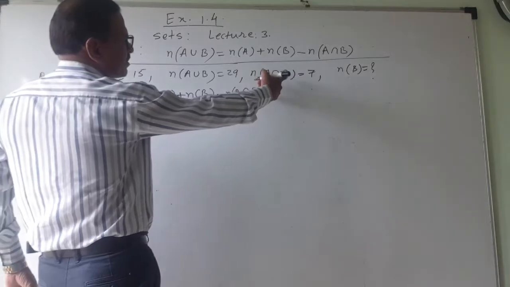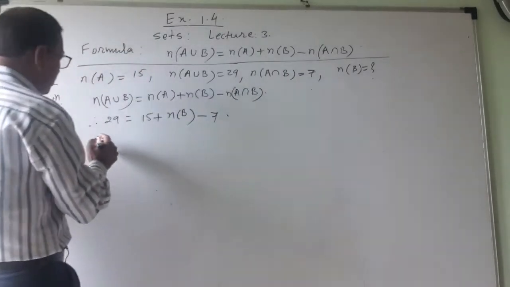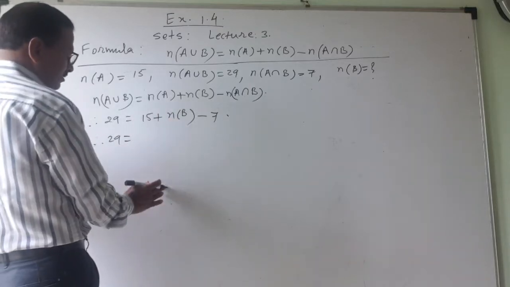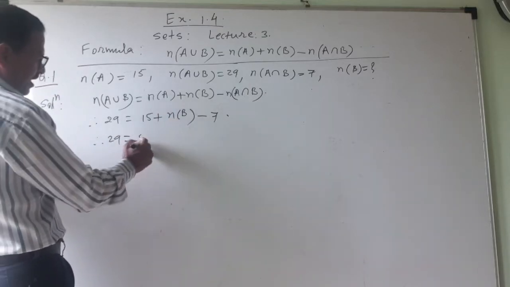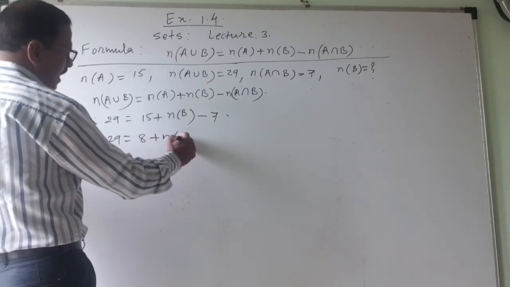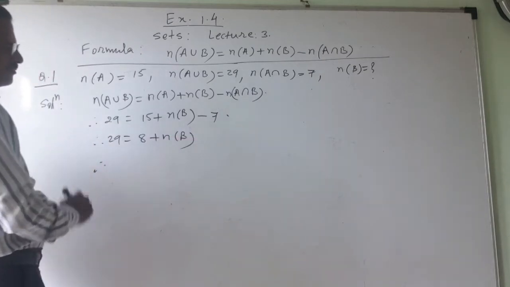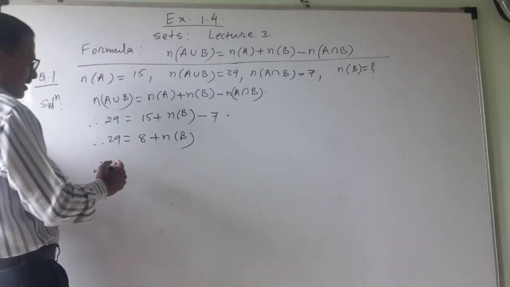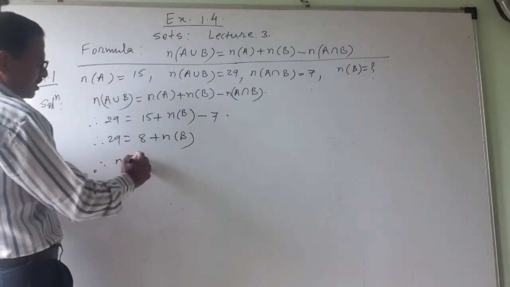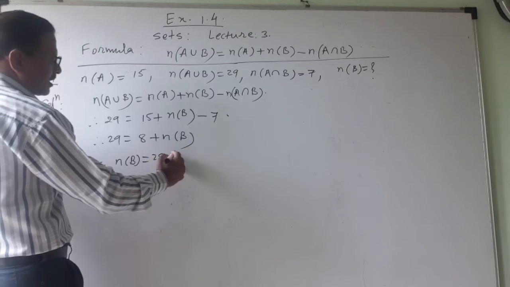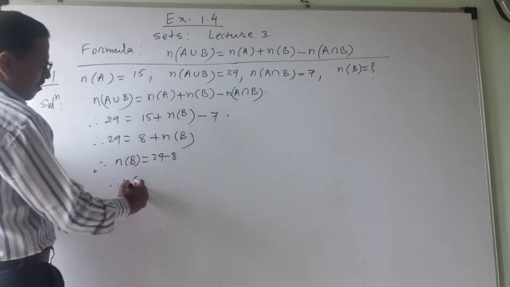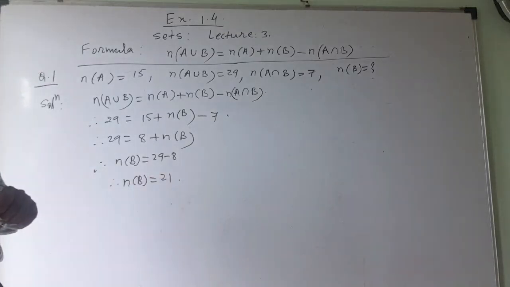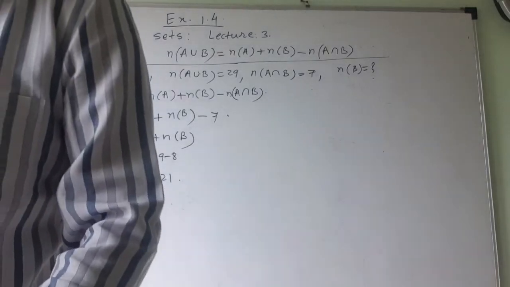Minus intersection, means common elements, 7. Therefore 29 is equal to 15 minus 7, is 8, plus n of B. Therefore this I will bring here. So 29 minus 8, and write this way. n of B is equal to 29 minus 8. Therefore n of B equal to 21. So this is the answer for this question.